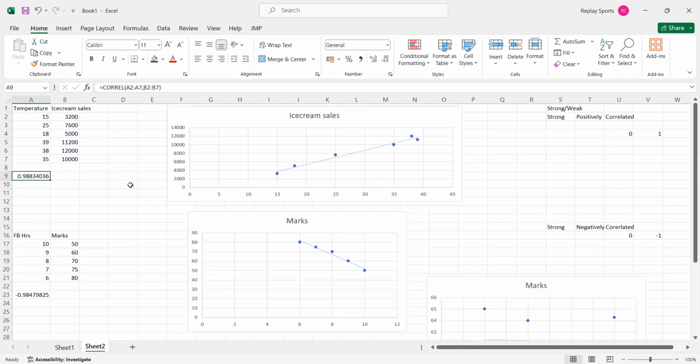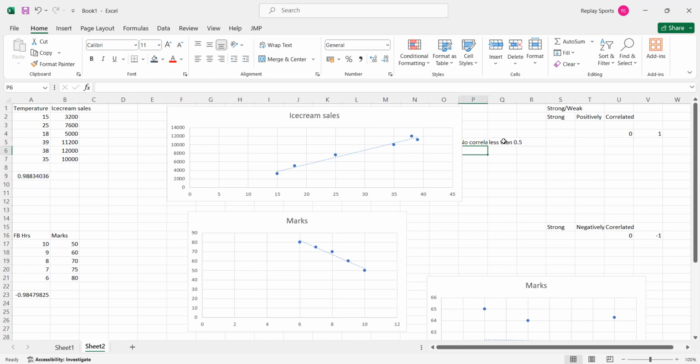Almost equal to 1. So generally what we do is, if the correlation value is less than 0.05, not 0.5, 0.05, okay? We say no correlation. You won't get a perfect zero anywhere.